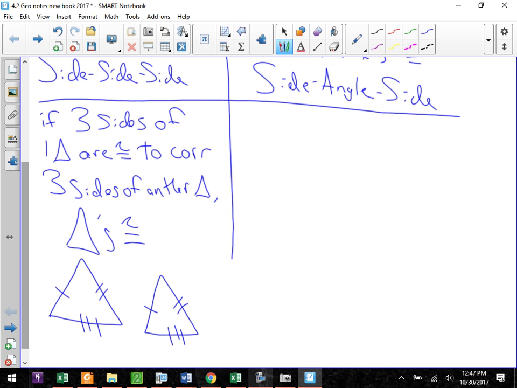And that's what it would look like. Tick marks. Everything's got a tick mark that matches up. If 3 sides of one triangle are congruent to the corresponding 3 sides of another, triangles are congruent.